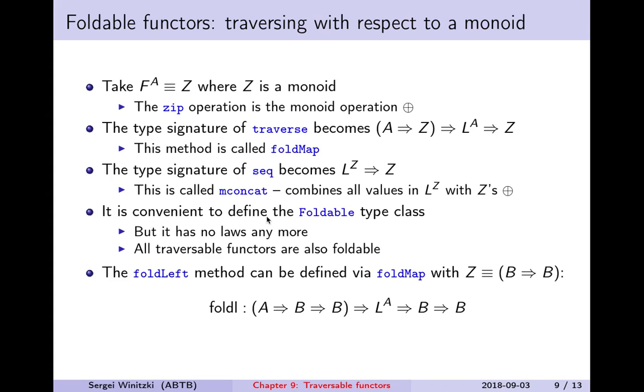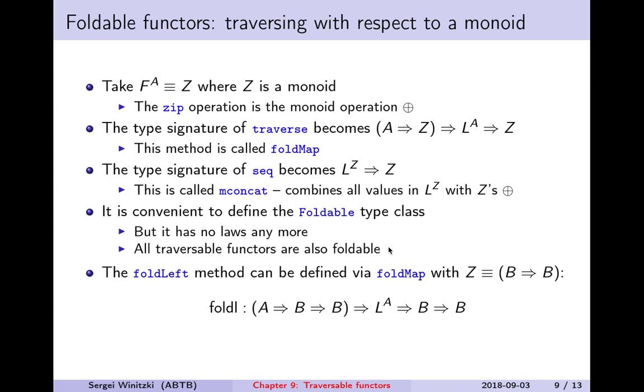Now, nevertheless, it's convenient to define the foldable type class that has these operations like foldMap and mconcat and foldLeft, because you could traverse the containers in different order, and that will be different implementations. Even though there are no laws, and it's basically a consequence of traversable.